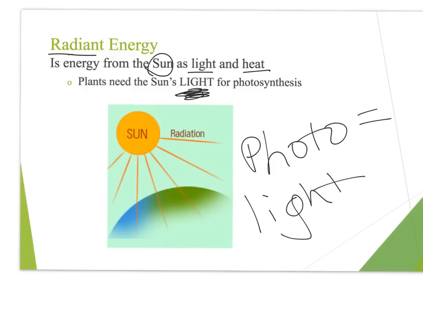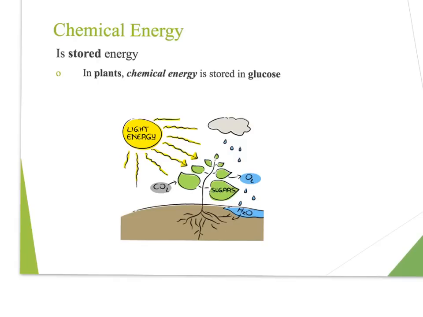So during photosynthesis, it is the light that is needed for that process to happen. Radiant energy is going to cause photosynthesis to begin, and then ultimately in the end, that radiant energy is going to be transformed into chemical energy.